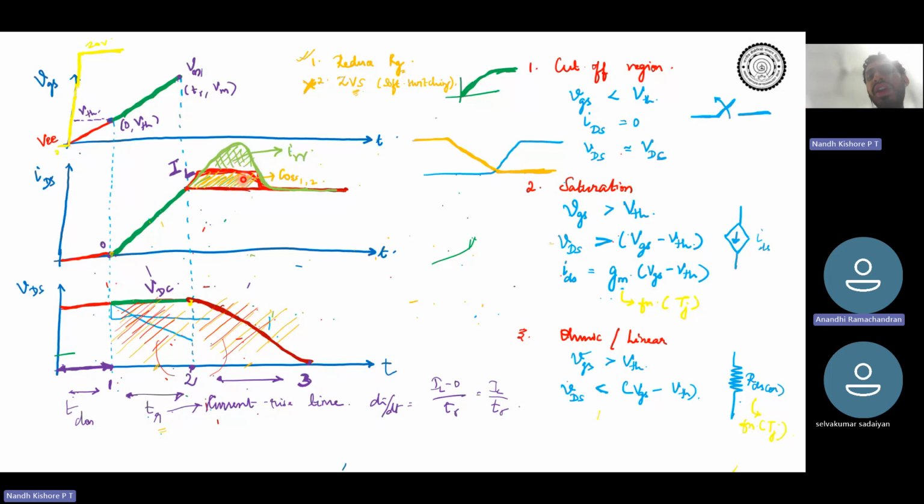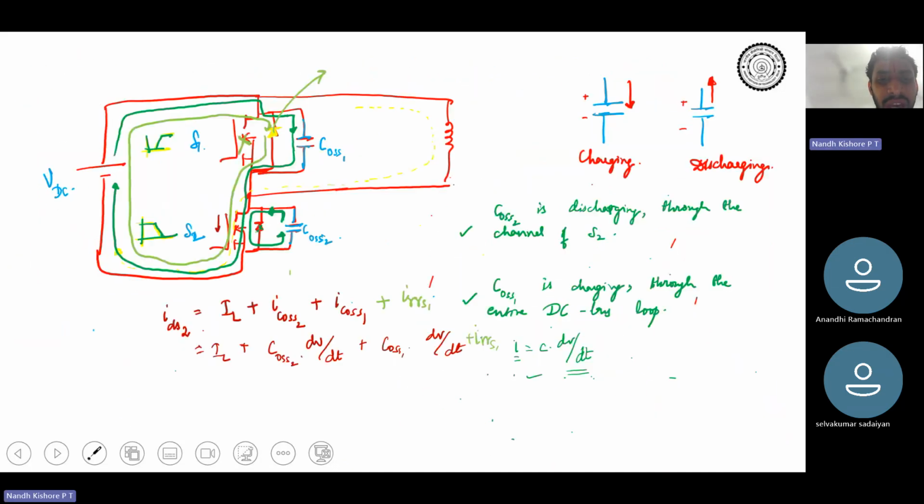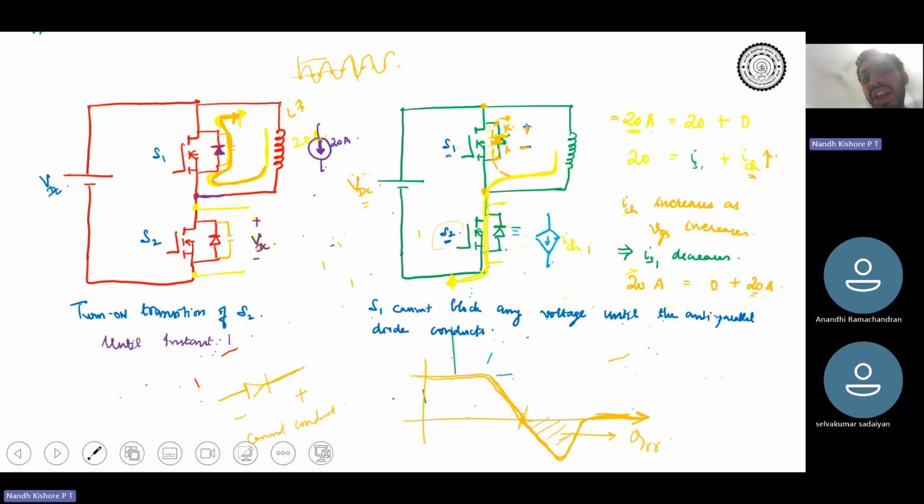The reverse recovery current of the complementary device will appear in the other device. So one was the reverse recovery aspect. I think we saw this also. The other one was, see, now the diode has stopped conducting. No current through this diode. Entire current is being carried by the other device.